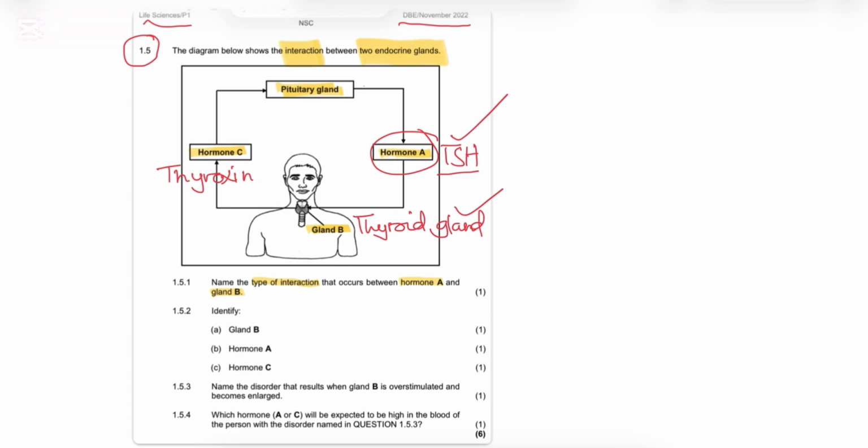All right, so let's answer that question. Question 1.5.1. Remember, we're just answering the question. We're not going to repeat the question so that we save on time. We're just giving the examiner exactly what he or she wants. And here we have been asked to name. So we're just going to name that type of interaction.